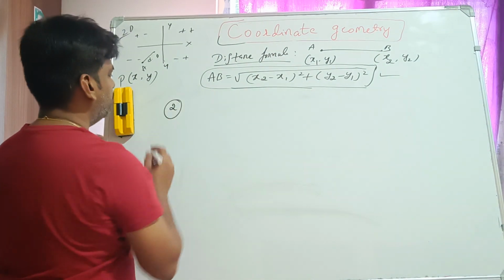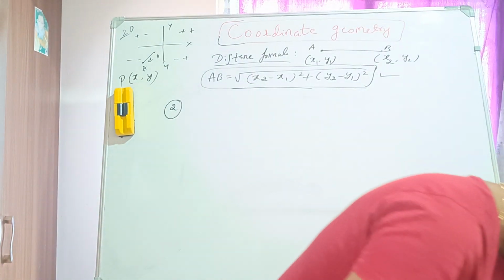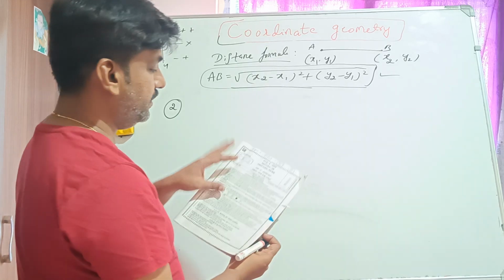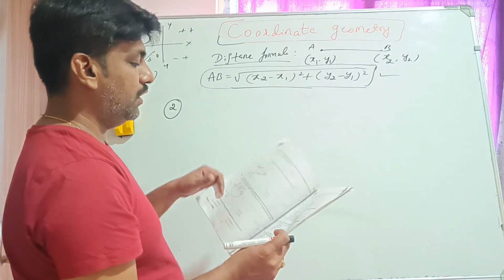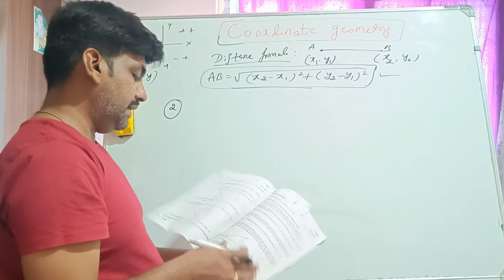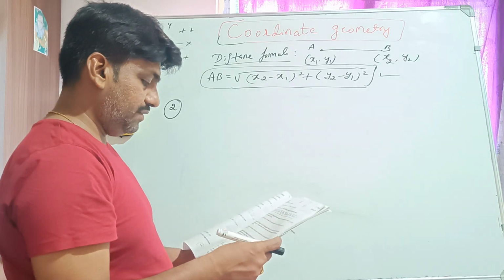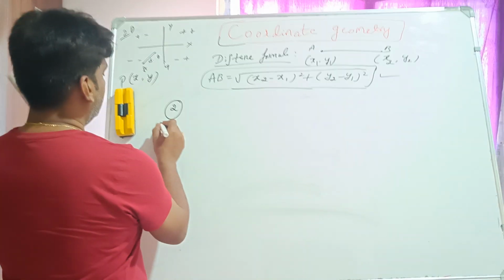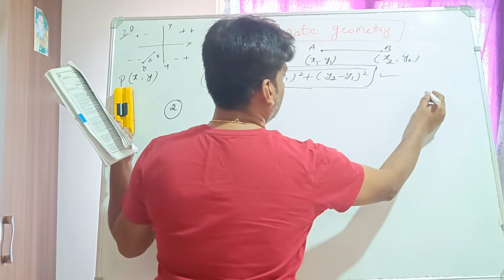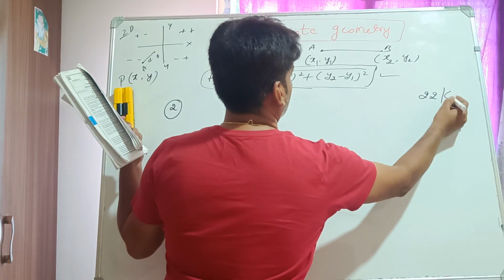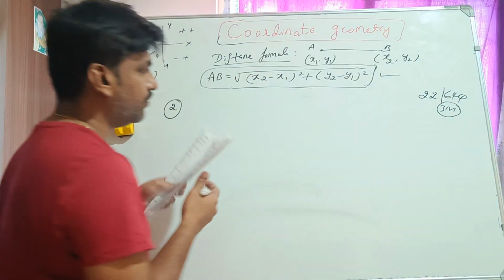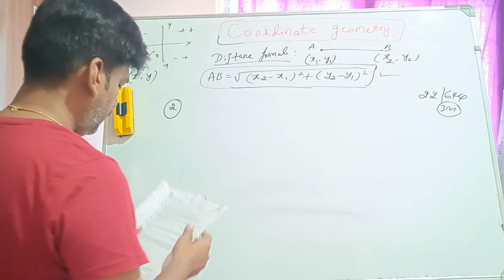Second question, which we will take from a question paper. I am taking the GPSTR 2022 Maths and Science paper, the 64th question, which is asked for 3 marks. How should we solve this? What is the question?